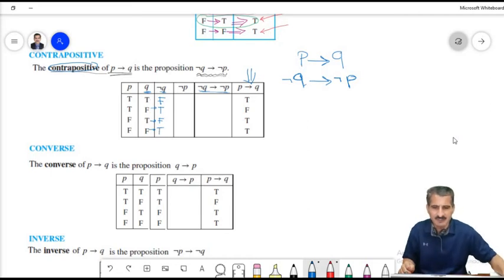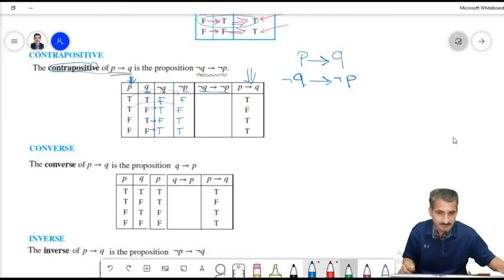Now we negate P. This is P. Negating P, we get false, false, true, true.